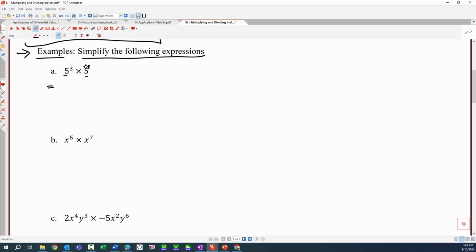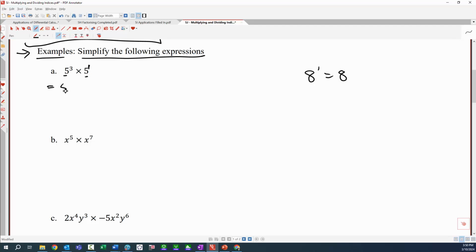Because it hasn't got an index, we're going to put one in. If there is no index listed at the top of the number, it's just 5 to the power of 1. You could write any number, say 8. If you ask me my favorite number and I said 8, I could say 8 to the 1, because 8 to the power of 1 is just 8.